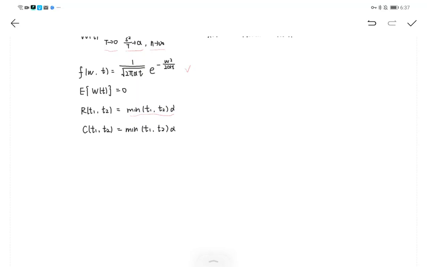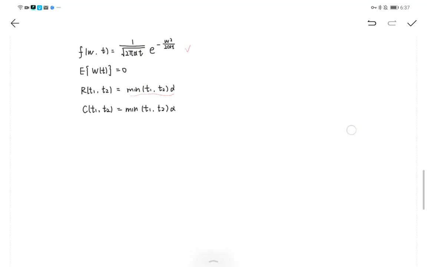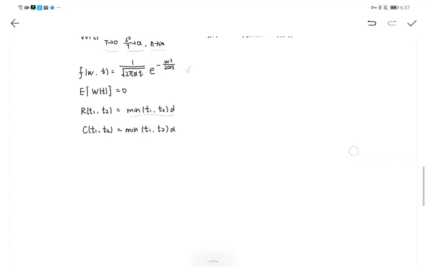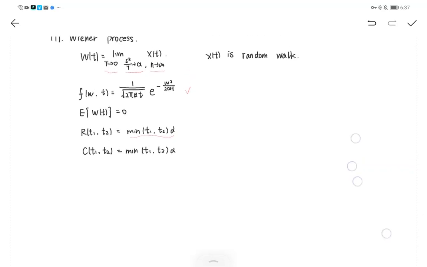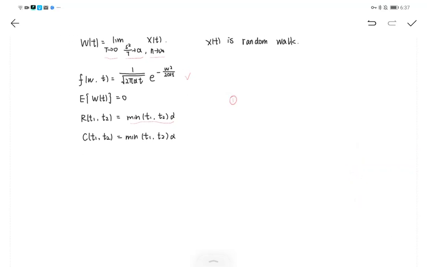And we can find the Wiener process W(t) is characterized by some properties. First one, when t equals 0, W(0) equals 0.